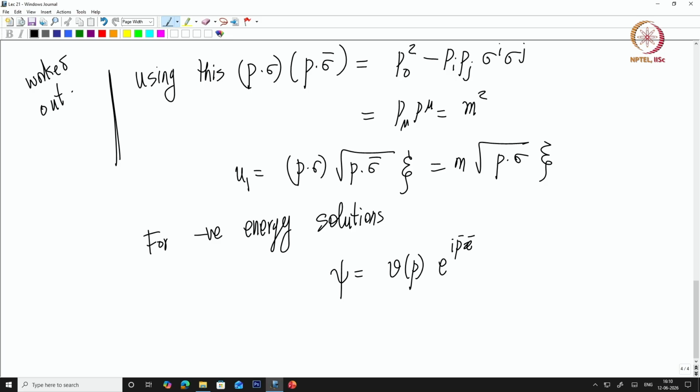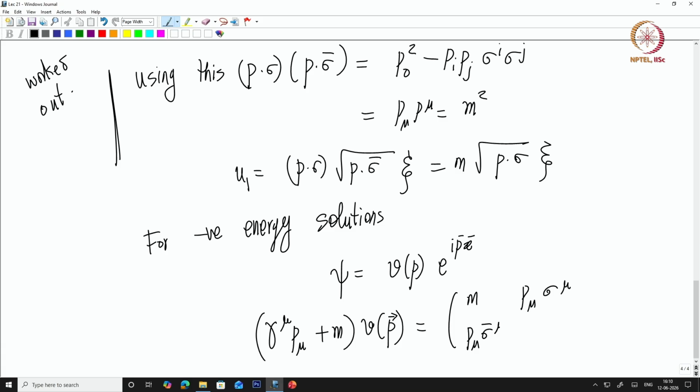So, the Dirac equation in this case just becomes gamma mu p mu plus m acting on V of p, which is equal to 0. That is, p mu sigma mu and p mu sigma bar mu, and m, all acting on V of p bar is equal to 0.